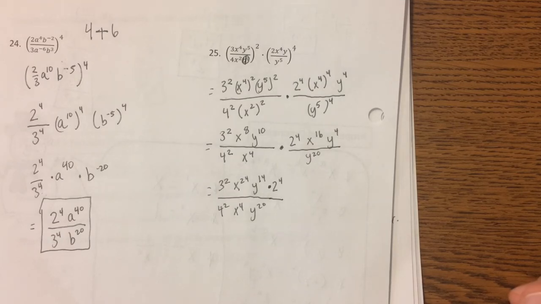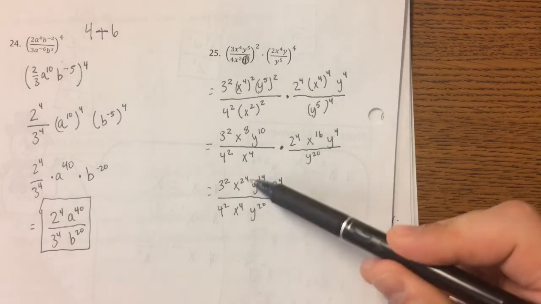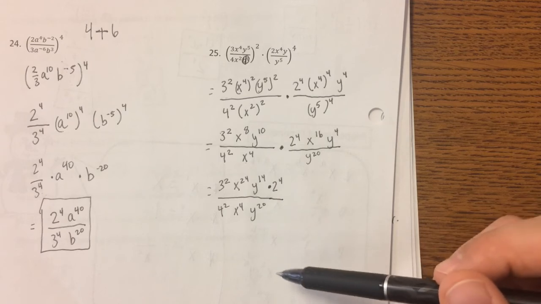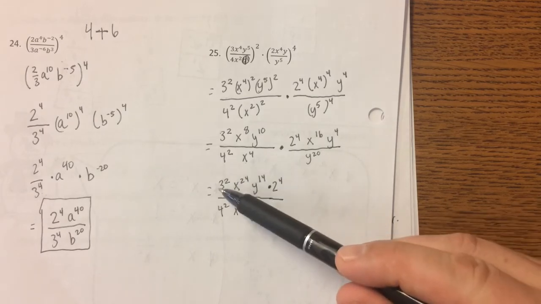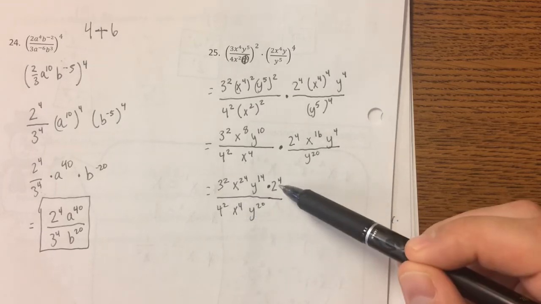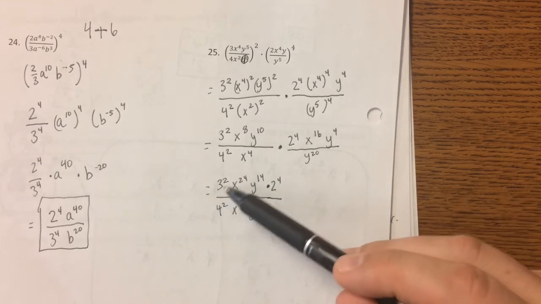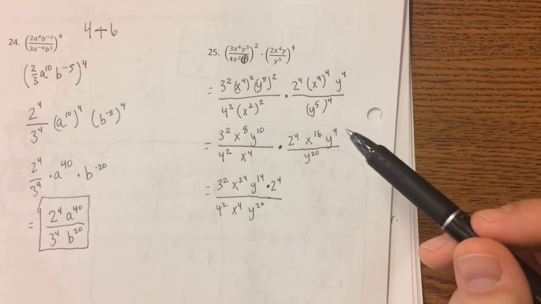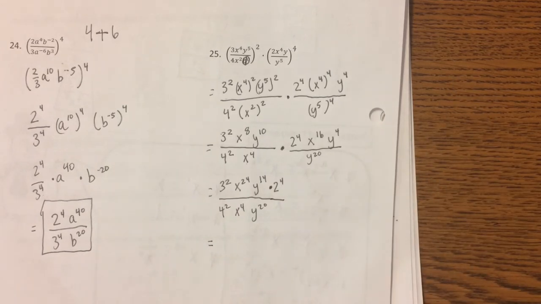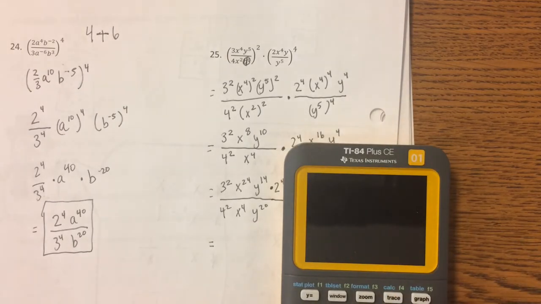All right, last step. We have to subtract some of this stuff. I think maybe we should simplify some of these numbers just to clean this up a little bit. What's 3 squared? I'm going to put this in the calculator.